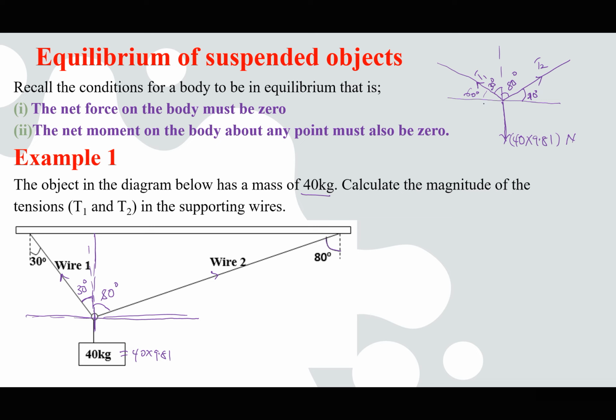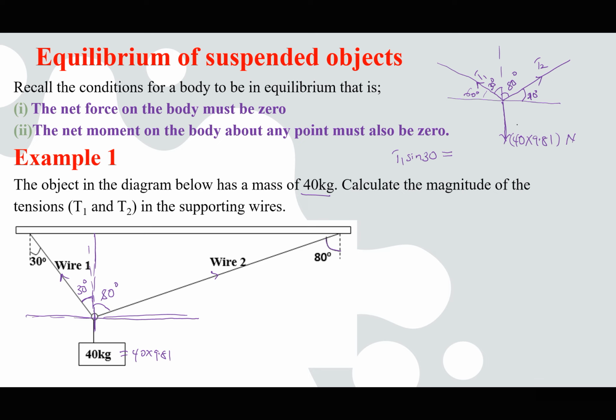So if I resolve in the horizontal, I'm going to use the angles which were given in the diagram, such as 80 and 30. If I resolve T1 in the horizontal using 30, because I'm resolving to the horizontal, yet the angle given is with the vertical, it means in the horizontal it is sine, in the vertical it is cos. So in the horizontal we have T1 sine of 30, which is the same as T1 cos of 60.